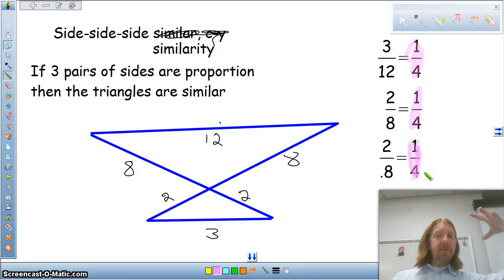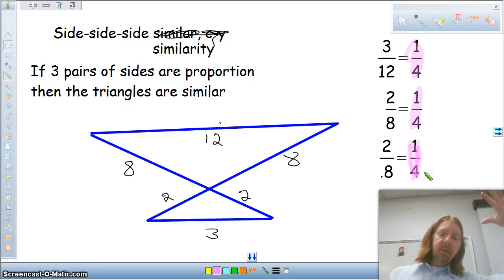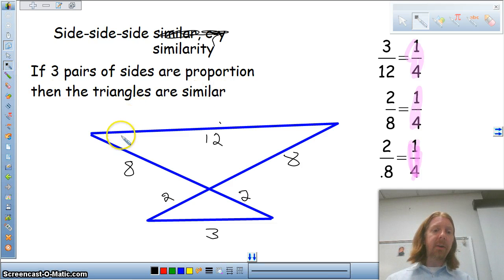3 is blown up to 12. 2 is blown up to 8. 2 is blown up to 8. So that's enough to tell me I'm looking at similar triangles. It also tells me that the corresponding angles are going to equal each other, which goes on to tell me things about the angles at the corners.